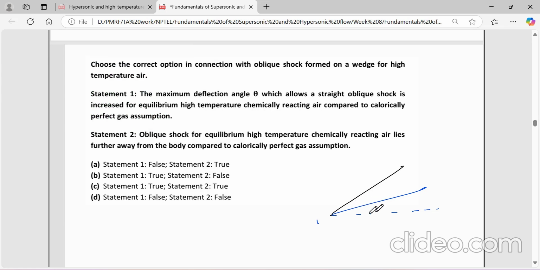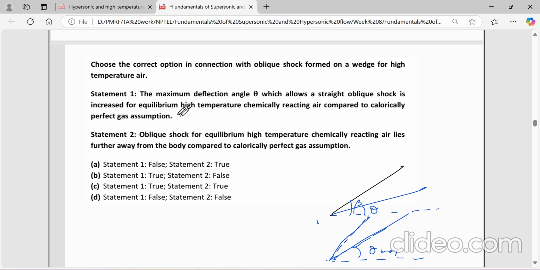This is the deflection angle theta, shock angle beta. So as we increase this theta, we will reach one angle theta max, after which the shock will detach. So after this angle theta max, the shock will detach.